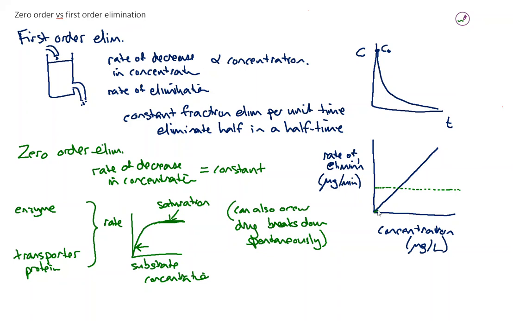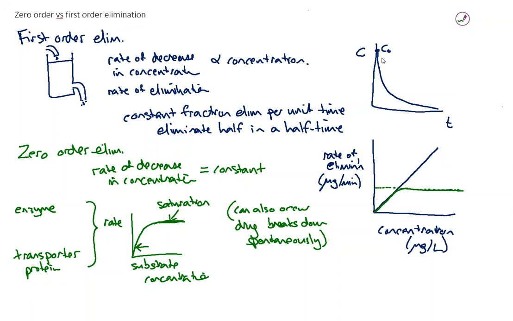At low concentrations you tend to see first order, and then at high concentrations the enzyme is saturated, or the transporter is saturated, and the rate of elimination no longer increases.